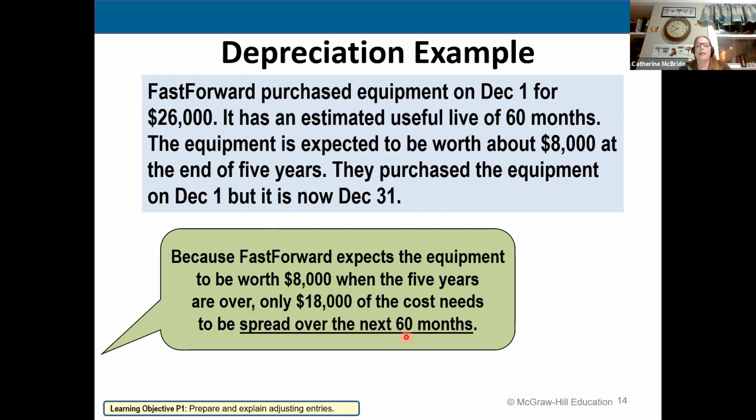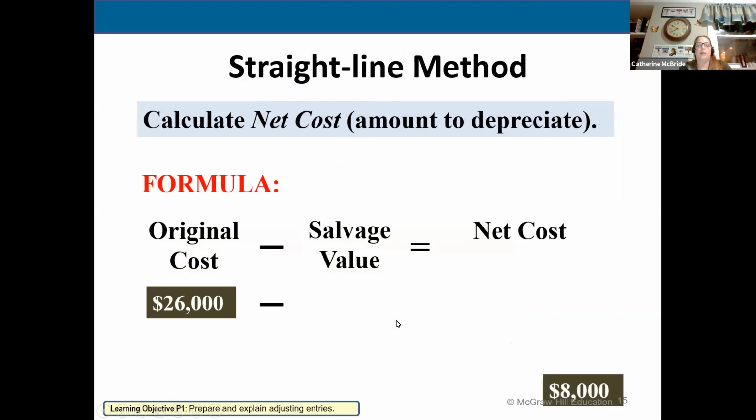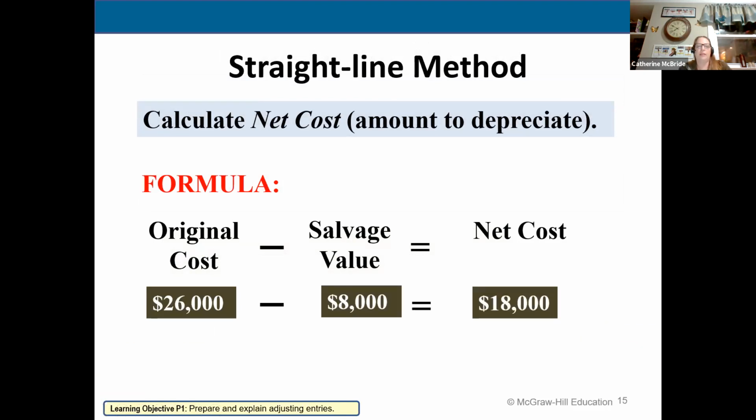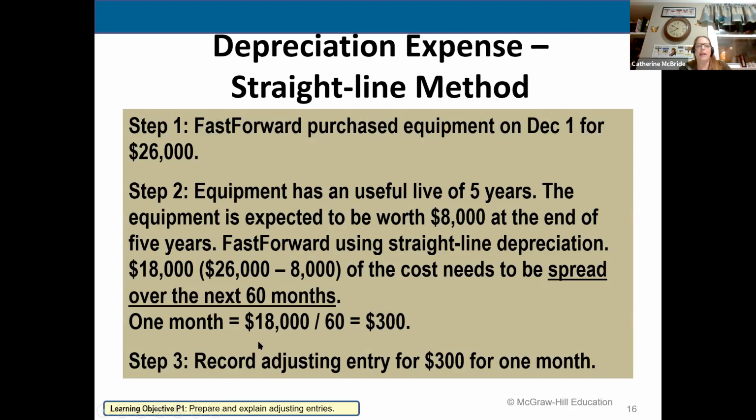We're going to divide that by 60 months because that's how long the asset's life is. The 18,000 divided by 60 months is $300. This means that every month we're going to record $300 of depreciation.